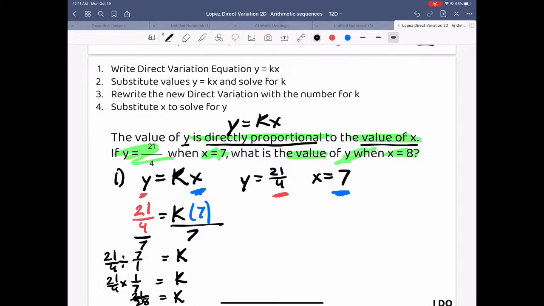I'm going to take the reciprocal of the fraction that I'm dividing by. Then I'm going to multiply across. 21 times 1 gives me 21. 4 times 7 gives me 28. At that point, I'm going to simplify, and that's going to give me 3 over 4, or 0.75. So I know what my k is.